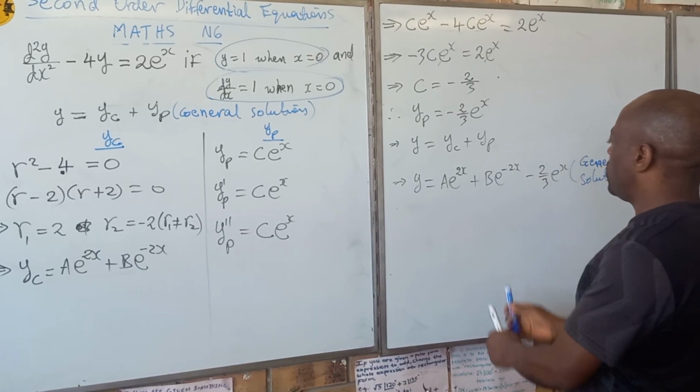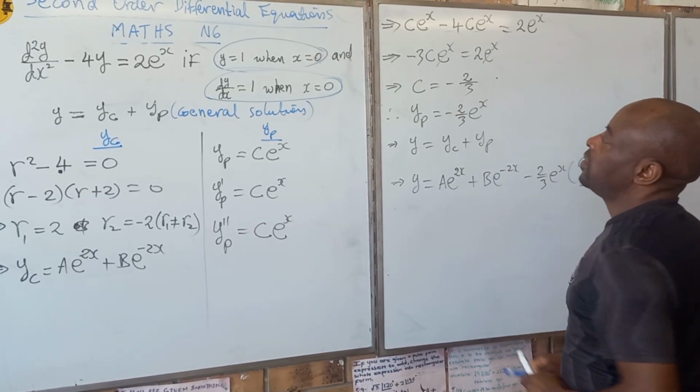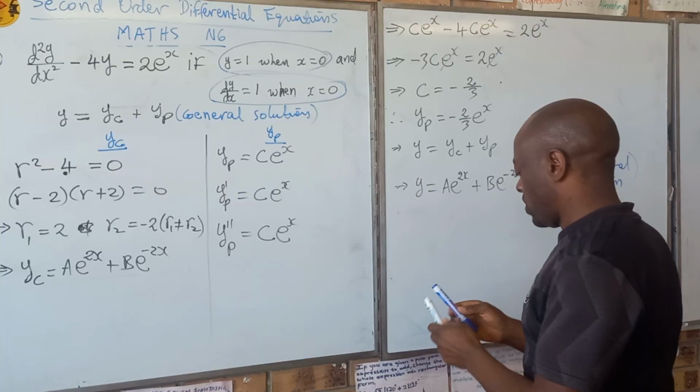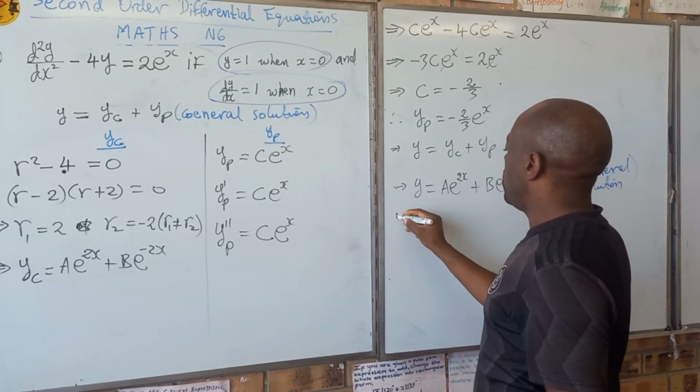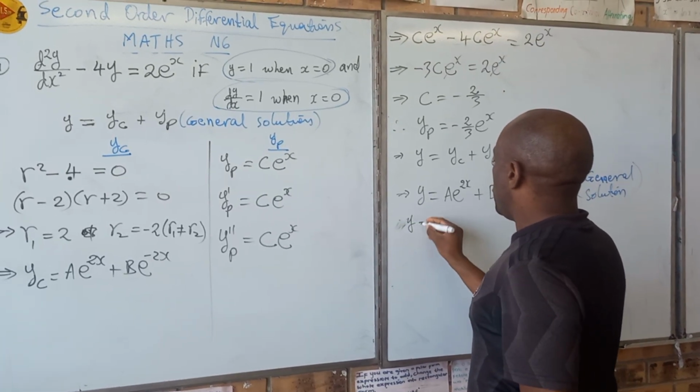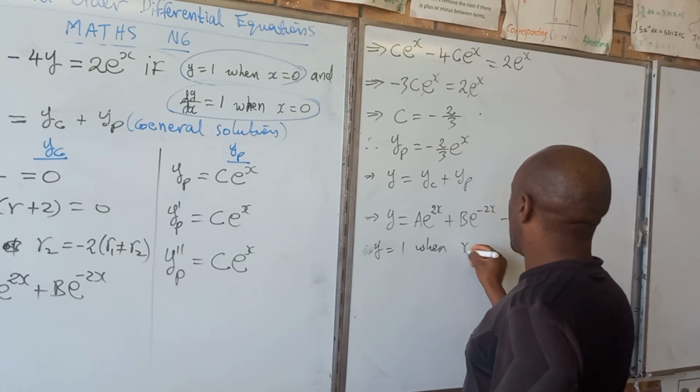Given the conditions, we need to look for the values of A and B, starting with our first condition, which says y is 1 when x is 0.